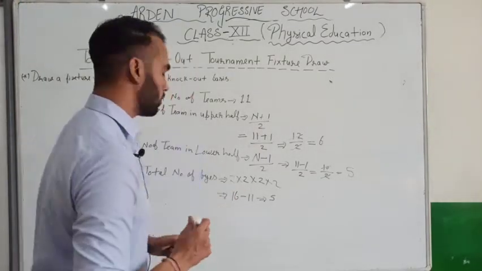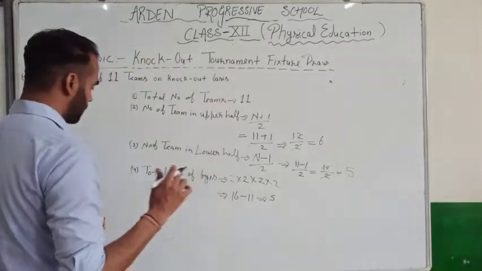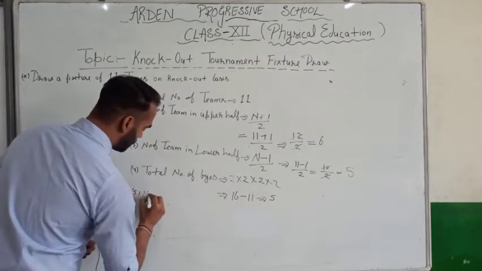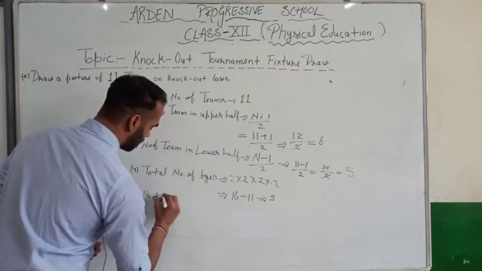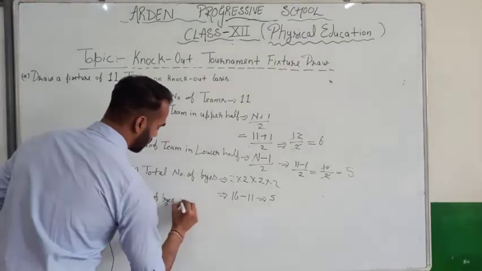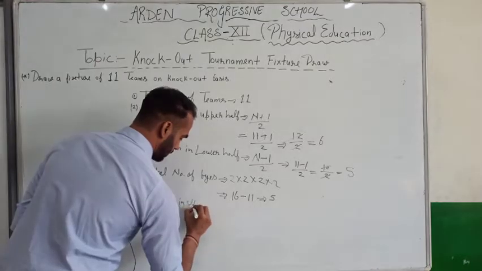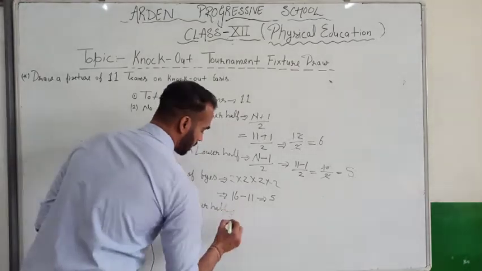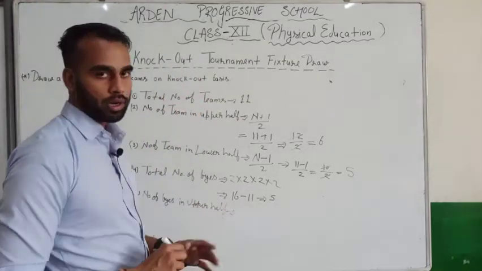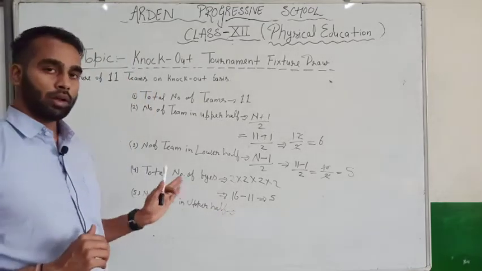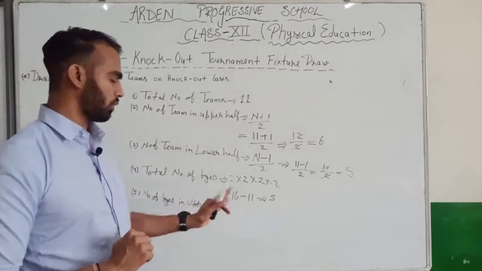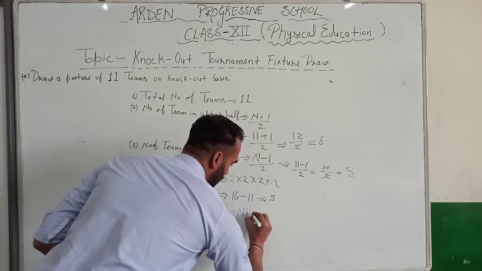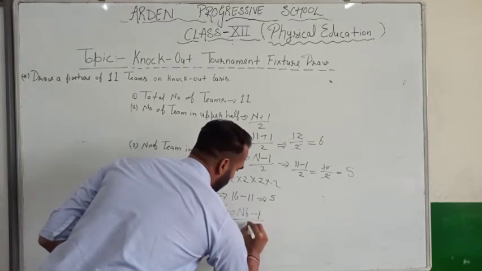Okay class, so there is another formula. Step 5 is the number of byes in the upper half. Okay class, the number of byes in the upper half. So now we will find how many byes go in the upper half. So there is a formula: (NB-1)/2.